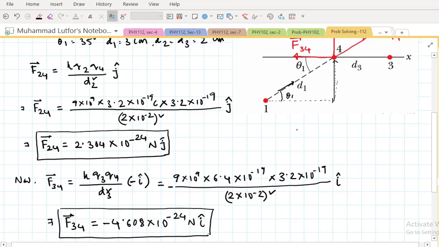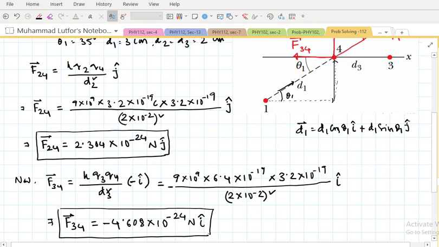Then the D1 vector I can write as D1 cos theta 1 I hat plus D1 sine theta 1 Z hat.